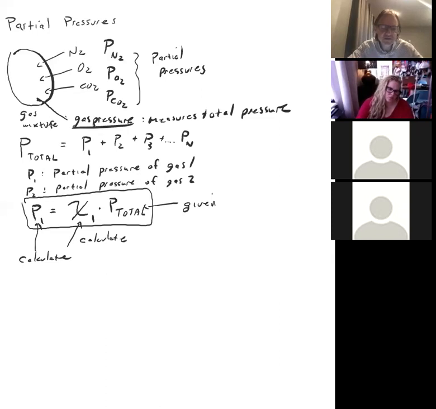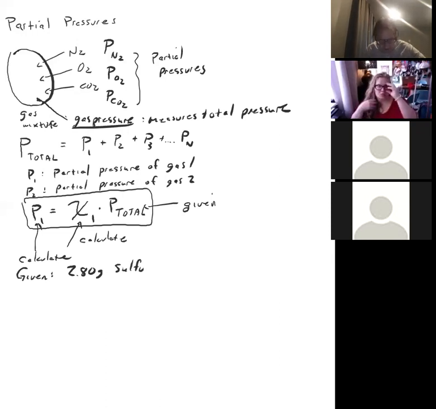So let me show you an example. The example here is that we are given 2.80 grams of sulfur hexafluoride.